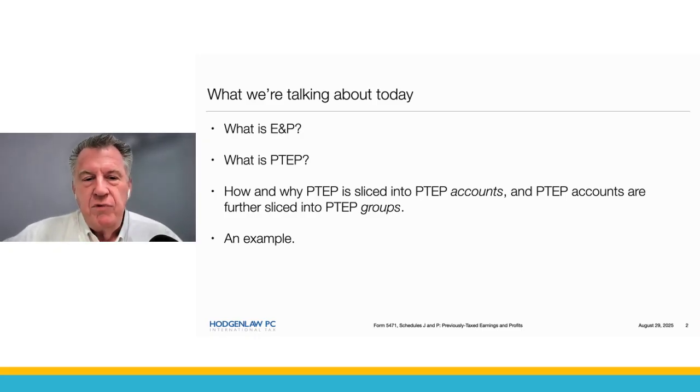Then we're going to talk about, once you've got this giant vat of PTEP, previously taxed earnings and profits, how do you slice and dice that in a way that goes into the schedules on Form 5471? And then finally, I'm going to walk you through a simple example just to show everything, because it's easier to show things than to tell things.